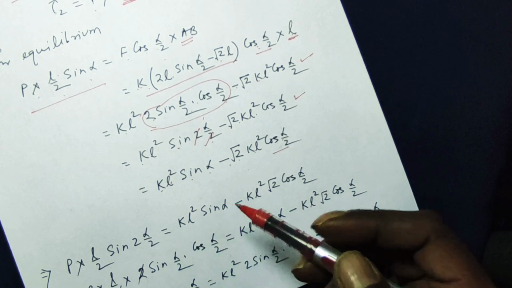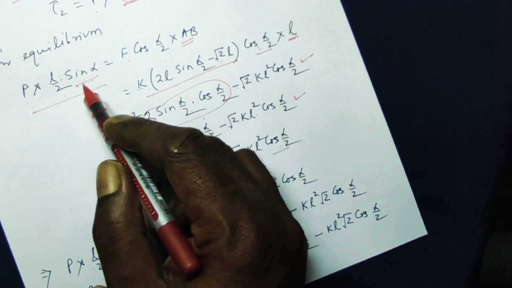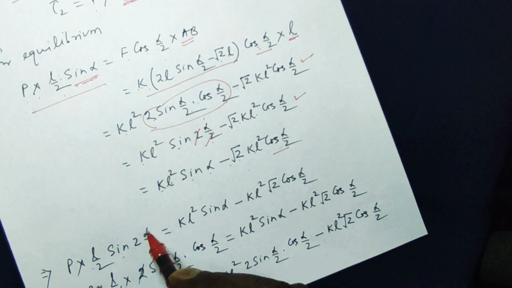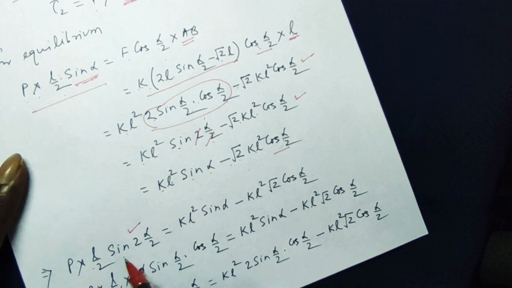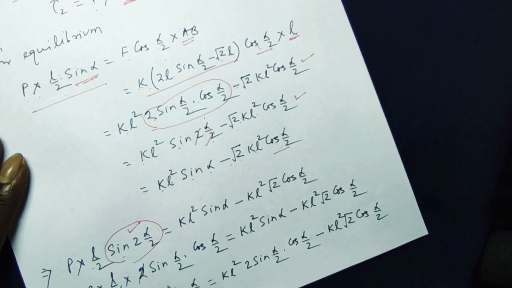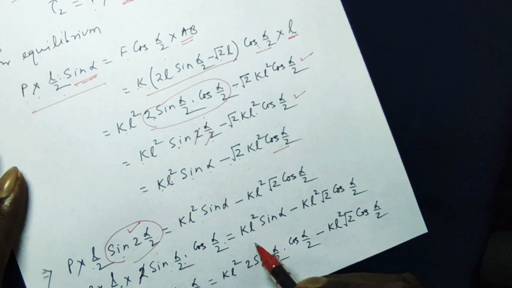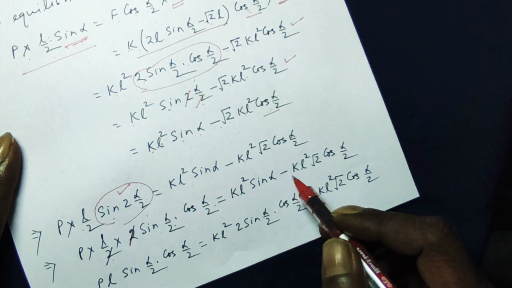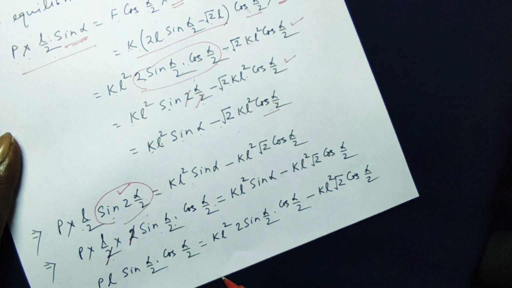So somehow I have to make some modifications. P remains as P, L by 2. Sin alpha can be written as sine of 2 alpha by 2, 2 cancel, same thing as sin alpha. Then this comes under a formula 2 times sin theta cos theta, PL by 2, 2 times sin alpha by 2 cos alpha by 2. This 2 cancels with this. On the right hand side I am left with KL square sin alpha minus KL square root 2 cos alpha by 2.